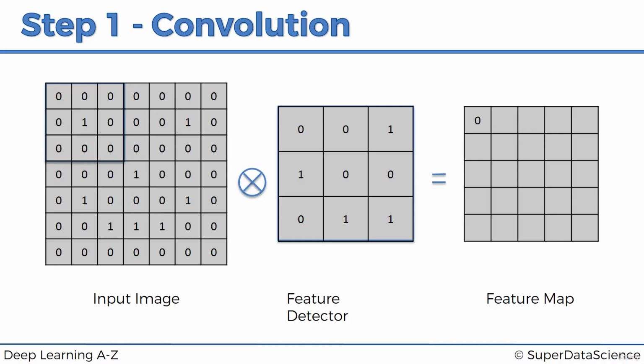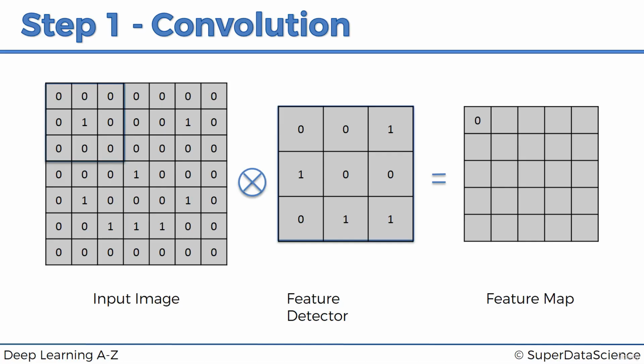So you cover, in this case, the 9 pixels in the top left corner, and you multiply each value by the respective value. The top left value by the top left value, then position 1 1 by position 1 1, 0 1 by 0 1, 0 2 by 0 2, and so on.